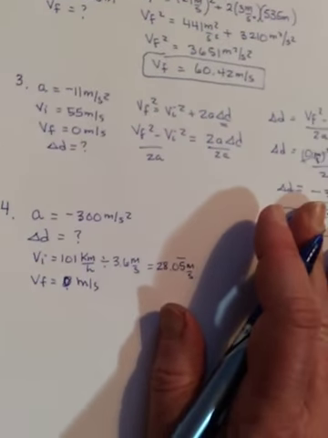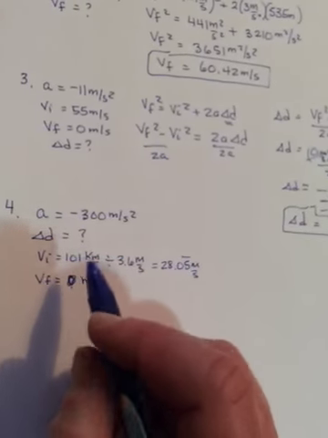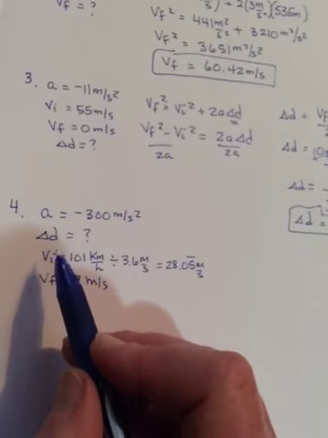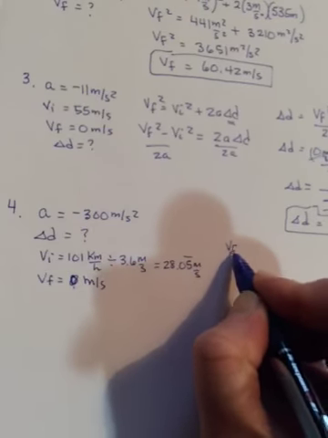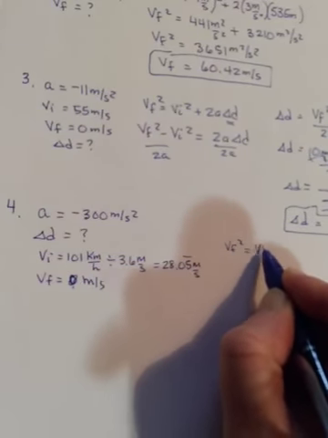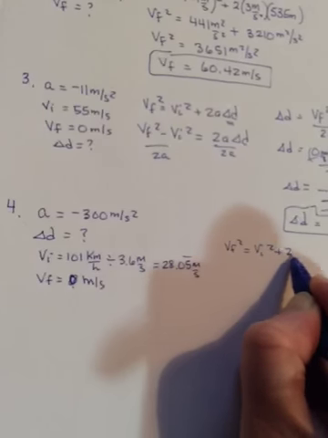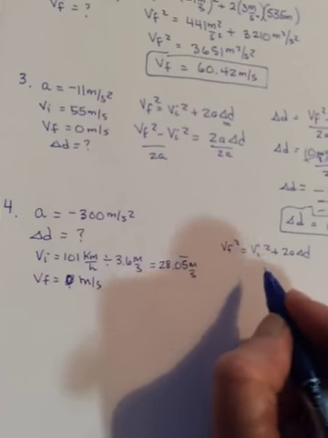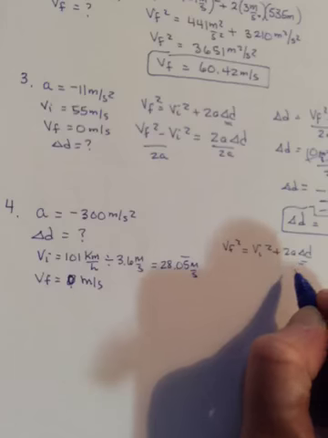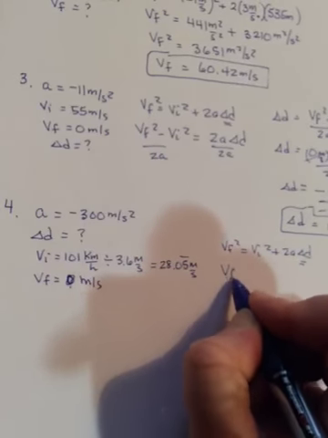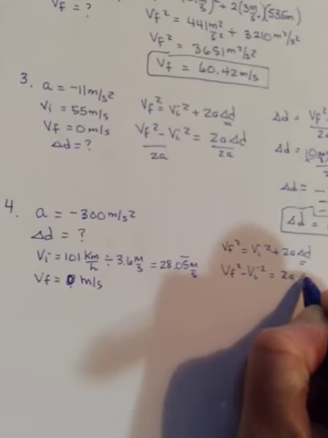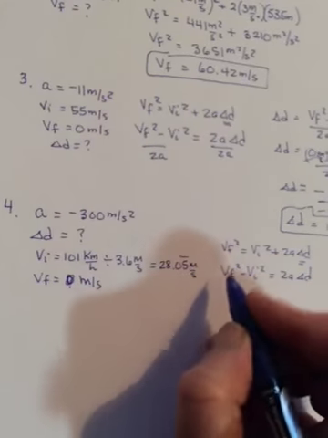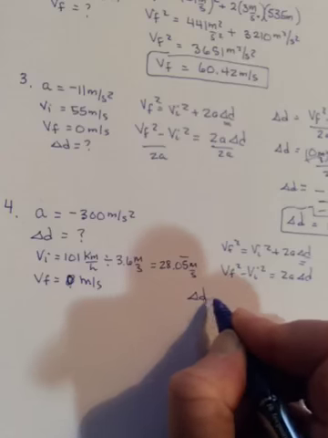All right, so what equation do we need to use if we have an A, a delta D, a VI, VF? Exactly the same one we used above. So VF squared is equal to VI squared plus 2A delta D. And again, we're rearranging for delta D. So VF squared minus VI squared equals 2A delta D, and then divide both sides by 2A.